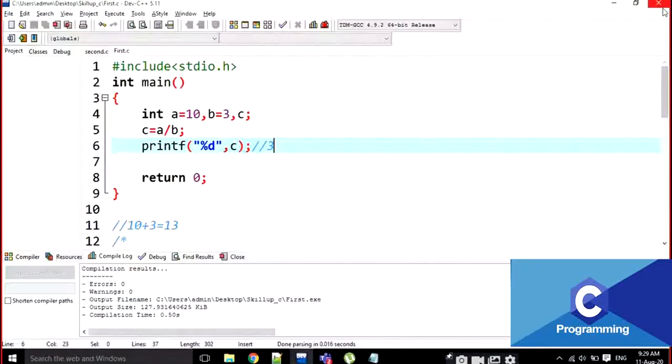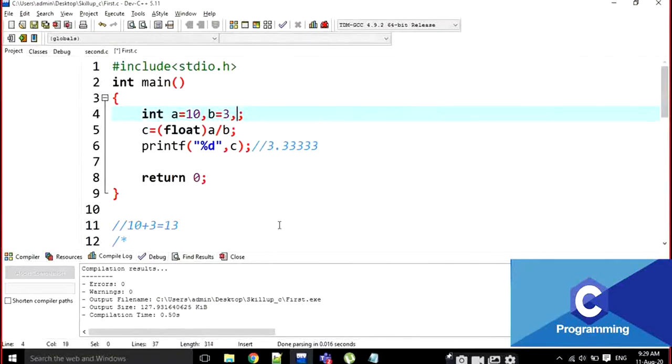But I want 3.333 like this. What do I have to do? I have to convert any one value into float, at least any one value, numerator or denominator. Now the result is going to be float.